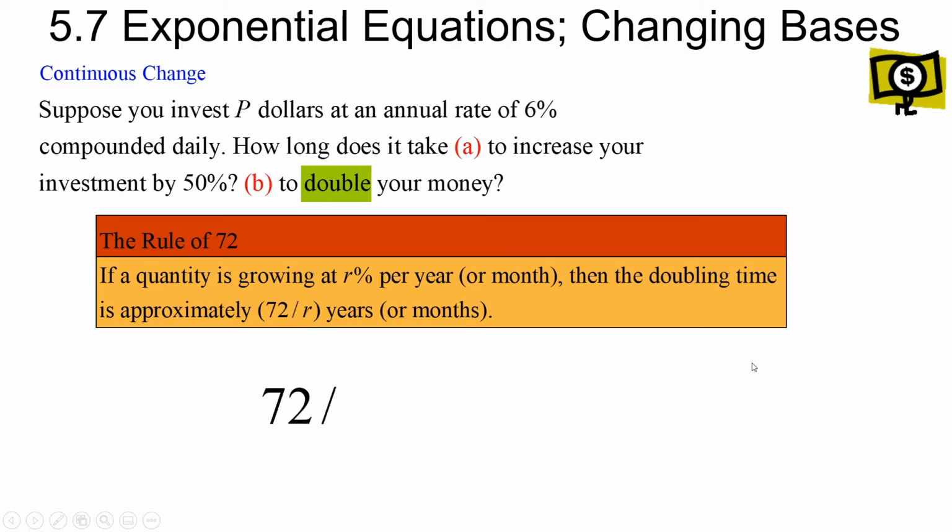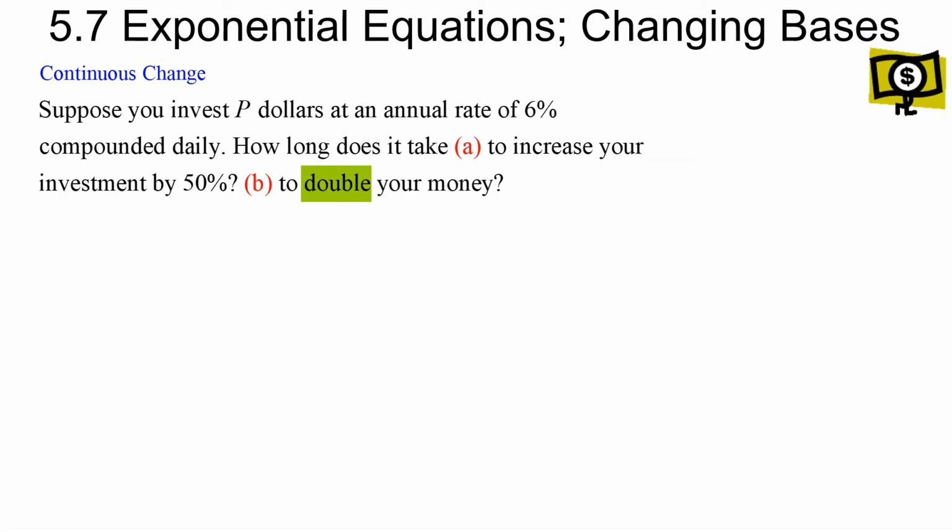So let's take our 72, and our interest rate was 6%. Now here we just put in a 6, and what is 72 divided by 6? Look at that. 12. It's going to take 12 years to double our money. That rule of 72 might even be a little more efficient than the way we did it on the previous slide.